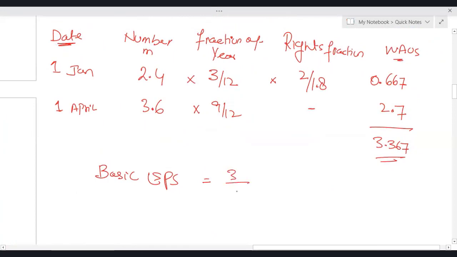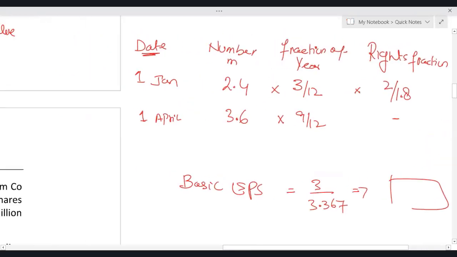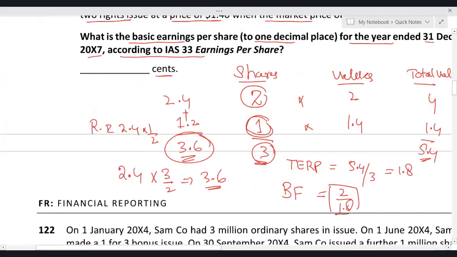So 3 million divided by 3.367. So 3 divided by 3.367. I'm getting 0.891. Now, please, you have to make sure what they're asking us.